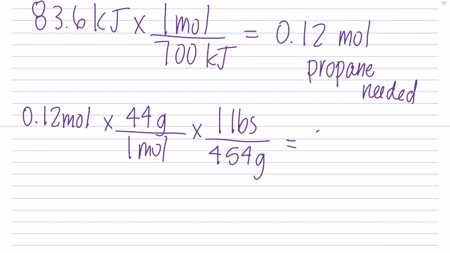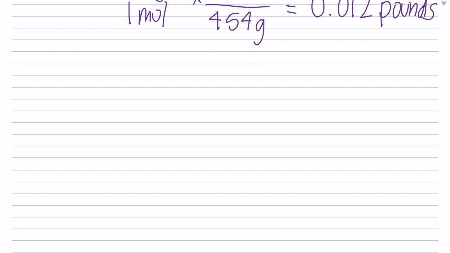And then I'll use the conversion to pounds, which is 454 grams. And we end up with 0.012 pounds. That's how many pounds of propane I need. Not very much, a very, very small amount. And then I can use that number to figure out how many dollars it will cost. So I'll use my conversion factor.